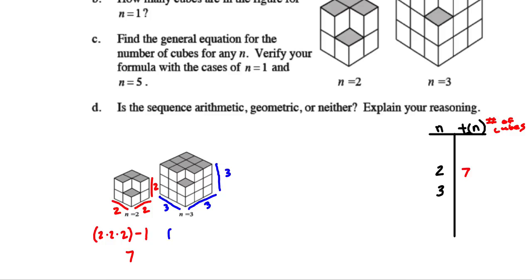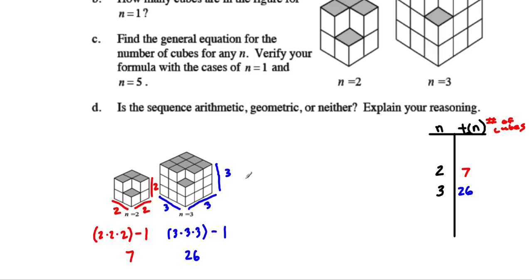So it'd be like saying 3 times 3 times 3, which gives us the volume of the full cube if it was all there, but then we still have to take away 1. So 27 minus 1 gives us 26. Let's put that 26 over here.